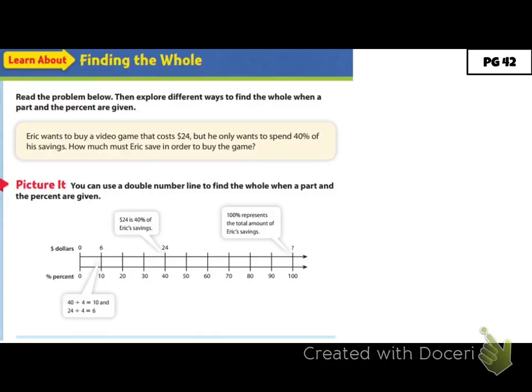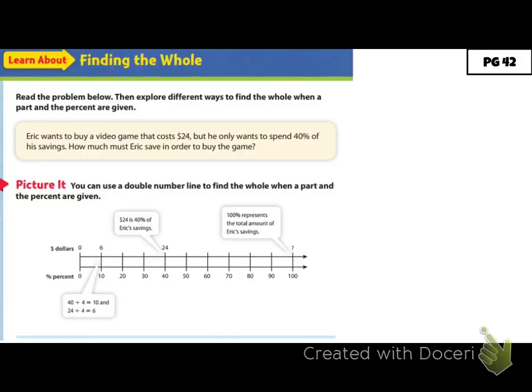In Picture It, you can use a double number line to find the whole when a part and the percent are given. On the top is dollars and on the bottom is the percent. So $24 is 40% of Eric's savings.